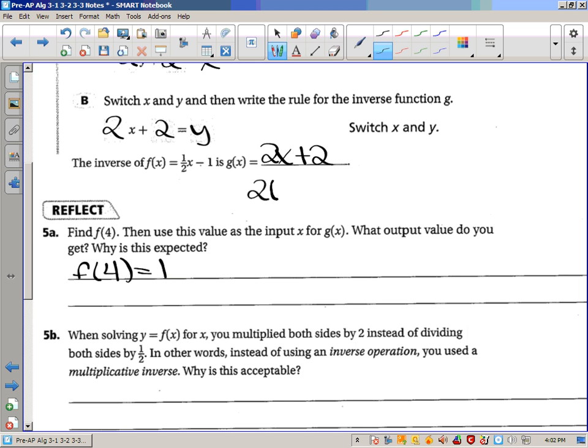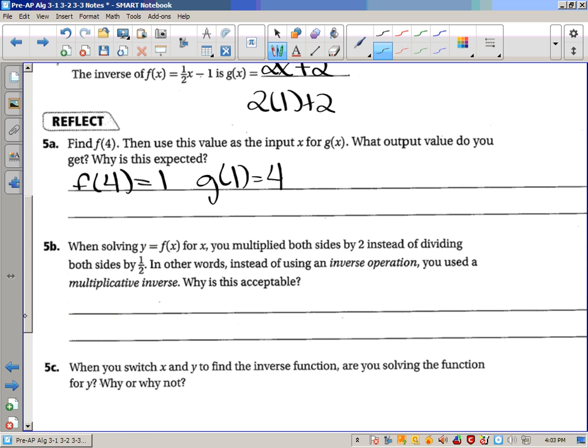That would give me 2 times 1 plus 2. So g of 1 equals 4. Does this make sense? Yes, it does, because we've talked about what inverse functions are. It switches the x's and y's, the inputs and the outputs, and that's what's happened here.